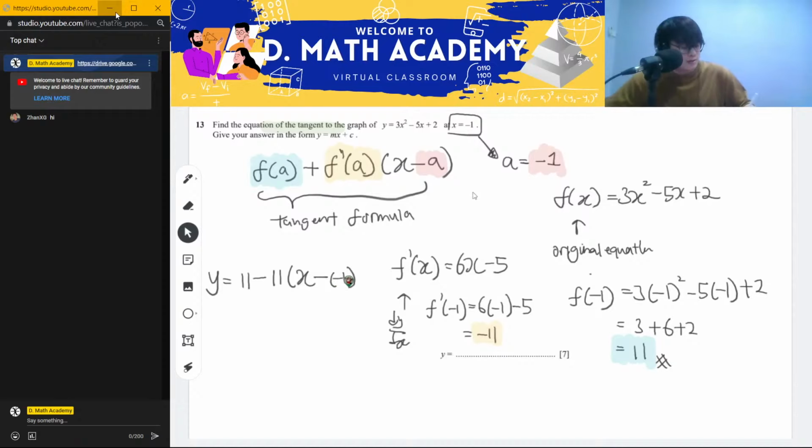Sorry, so when you run your calculation, you should end up with 11x minus 11. Did I do any calculation wrongly? Let me double check. 3x squared plus 2.